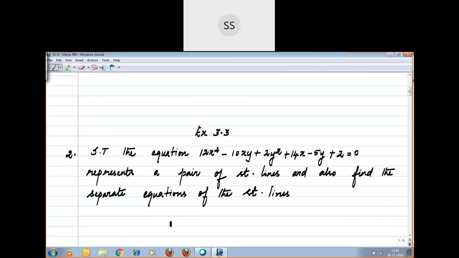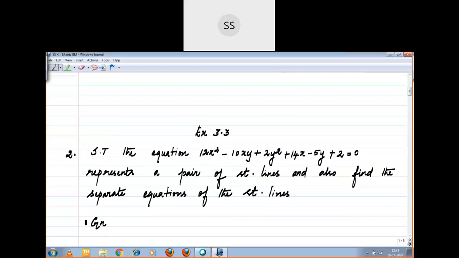ABC plus 2FGH minus AF² minus BG² minus CH² equal to 0. If you prove that the given equation represents a pair of straight lines, then we want to find the separate equations. For the separate equations, you have to take these three terms alone, factorize and then find the separate equations. Got it, children? First, I am going to prove it represents a pair of straight lines.